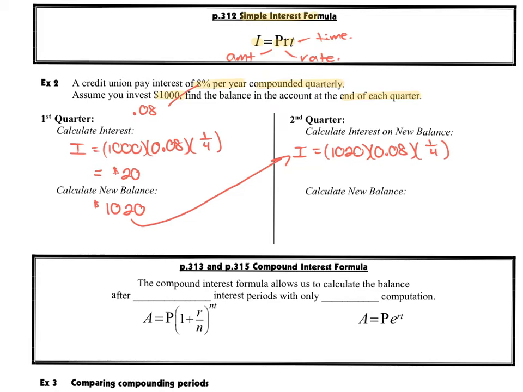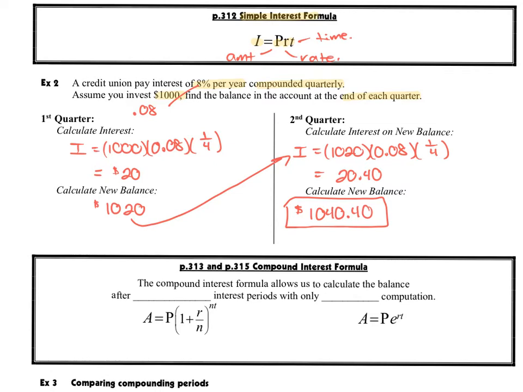So when we calculate that, what we get is that our new interest earned, I should say, is $20.40. So our final balance after 2 quarters is going to be $1,040.40.